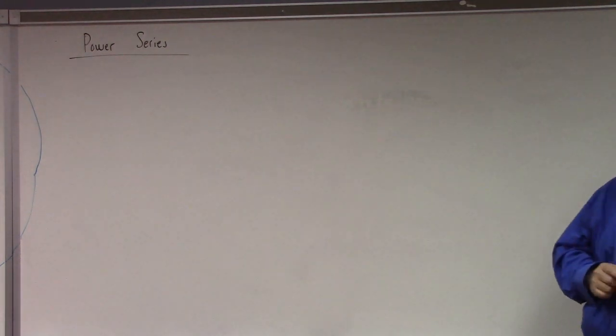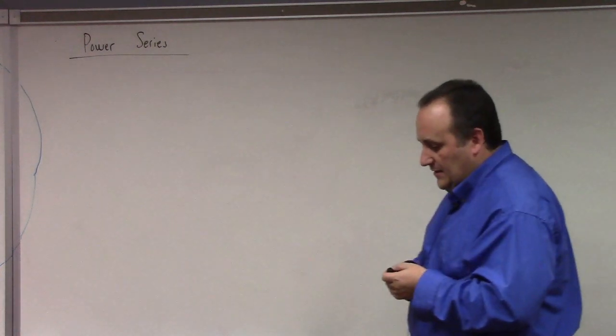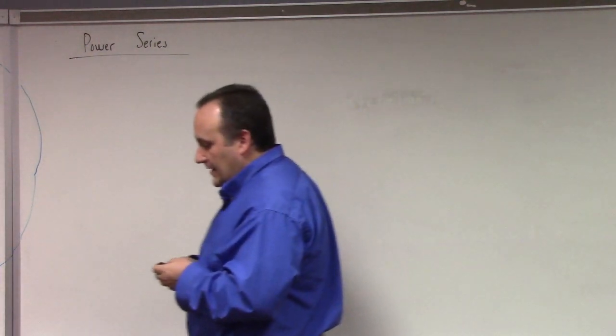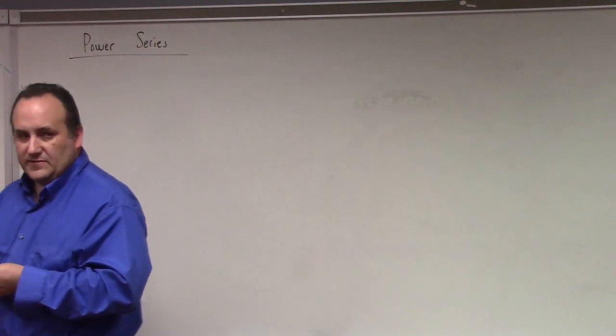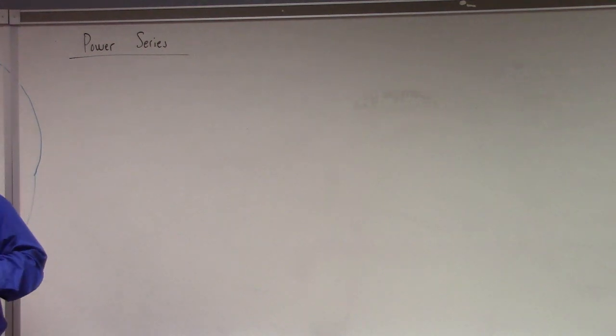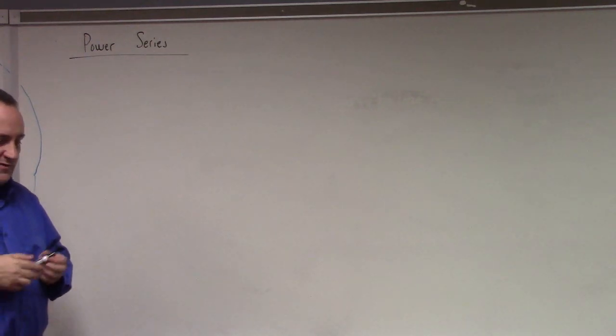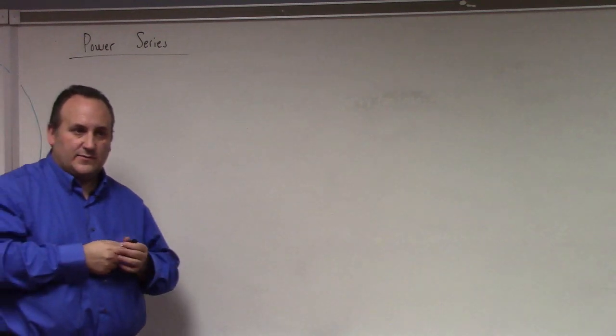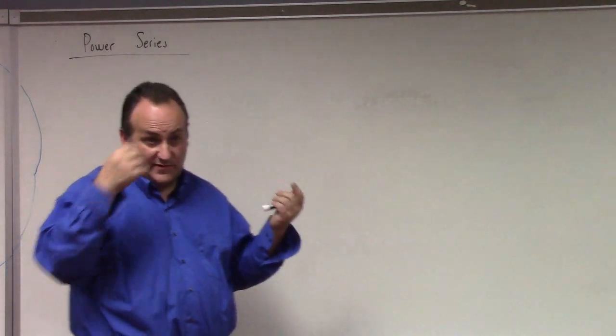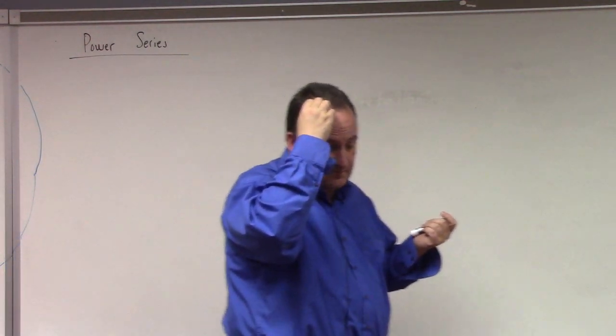There are real functions which are smooth, can be infinitely many times differentiated, and yet they fail to have a power series representation. That would be an example of a function which is smooth but not analytic. For example, e to the minus 1 over x squared, where it's defined to be 0 at x equals 0, and elsewhere it's defined by e to the minus 1 over x squared.